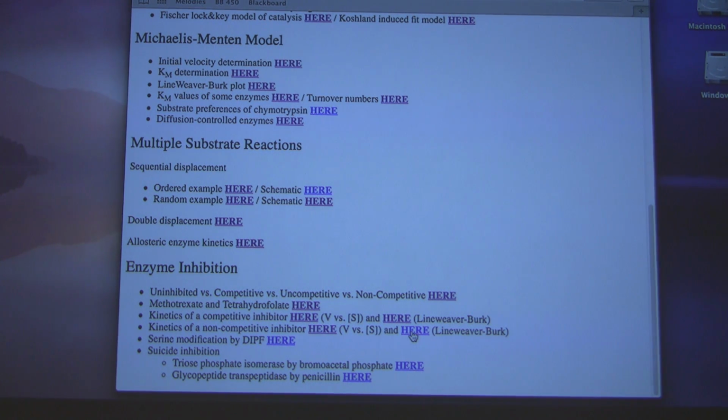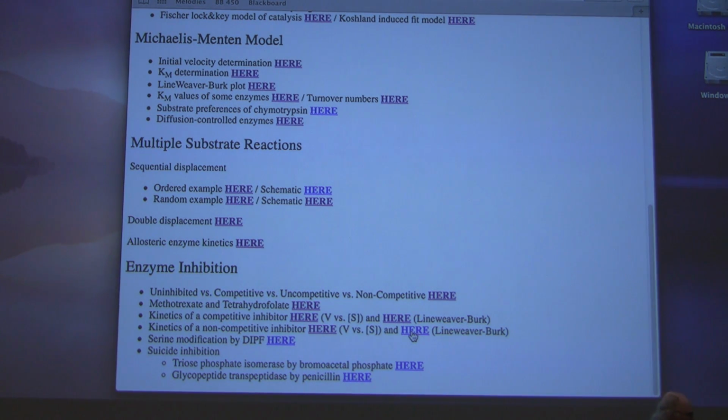And as a consequence of that, it's the same as doing all the reactions with less enzyme and no inhibitor. Okay? If I said that every reaction I did was going to have 25% of the enzyme inhibited, I would get exactly the same results as if I had done the same set of reactions with only 75% of the enzyme.